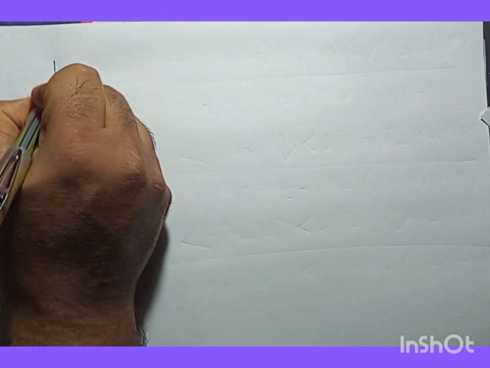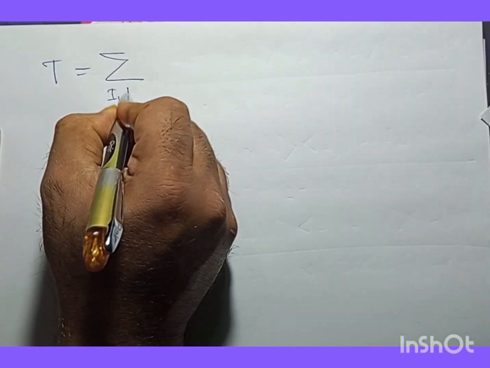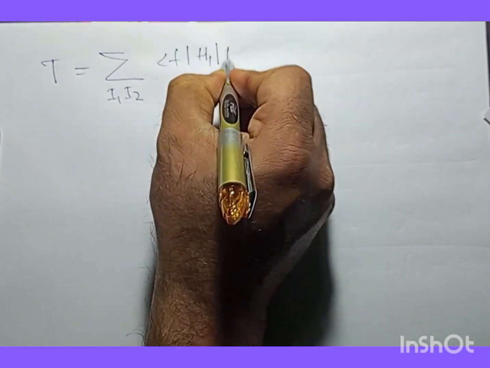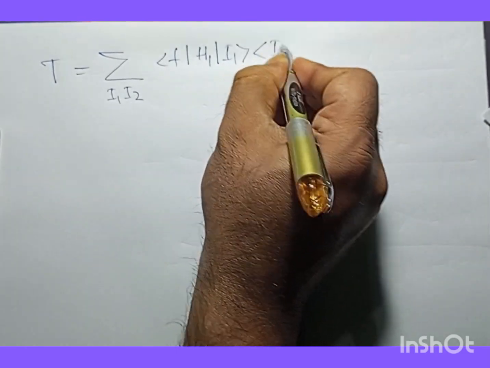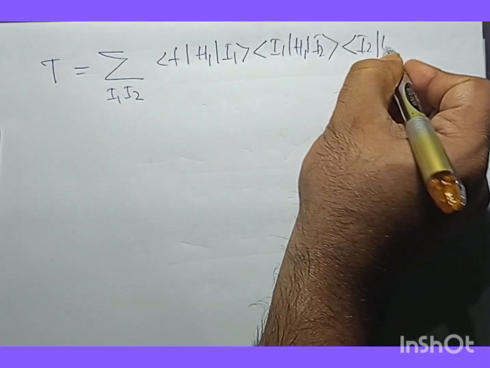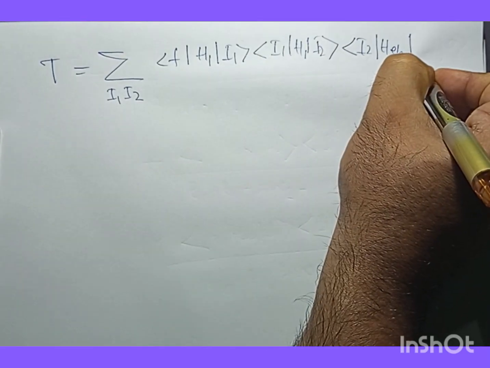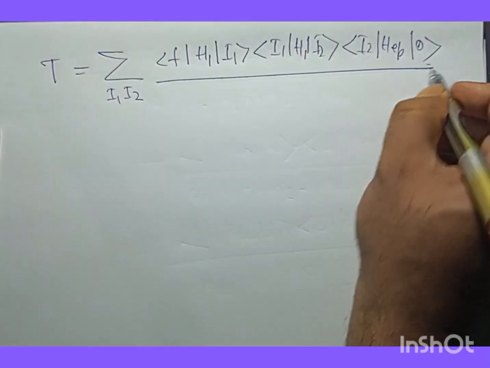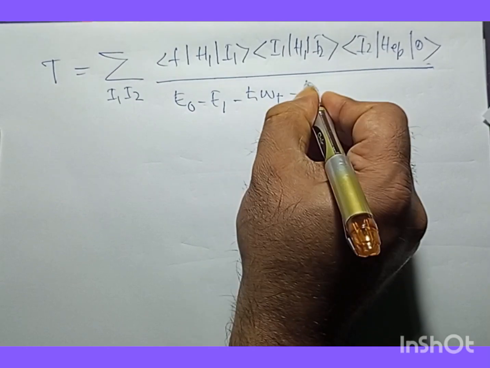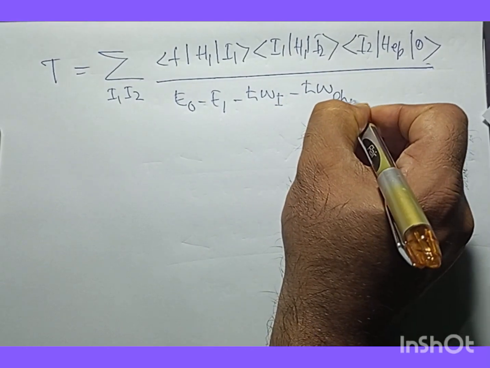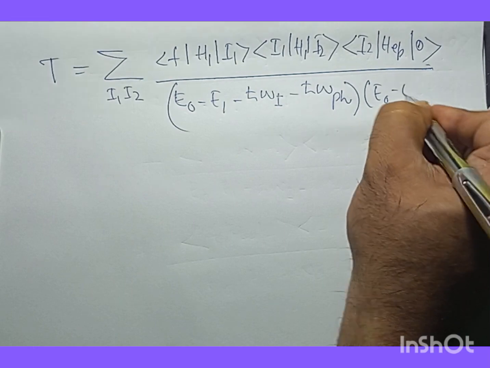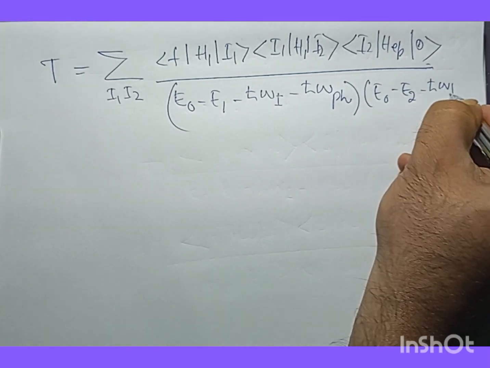The T matrix for this will be the sum over I1, I2 of F, H1, I1, then I1, H1, I2, and then I2, H electron phonon, the ground state 0, divided by E naught minus E1 minus H cross omega I minus H cross omega phonon, times E naught minus E2 minus H cross omega I.